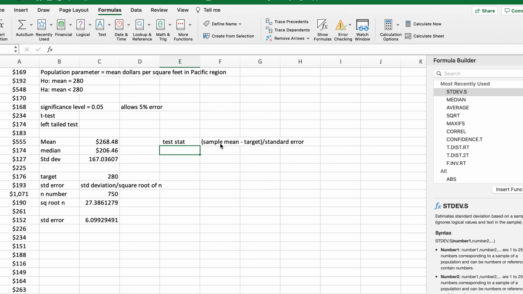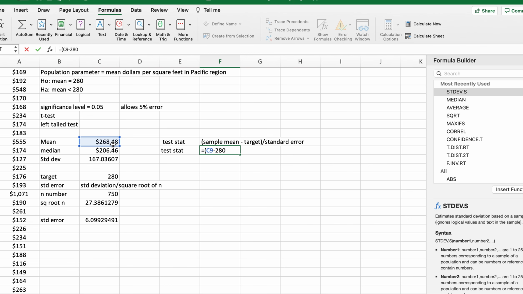So let's calculate it. Now, why are the parentheses important? Because you need to subtract and then divide. So I'm going to type equals, parentheses, where's my sample mean? Here. Subtract. The target is from the hypothesis. We're saying how far is 268 from 280?